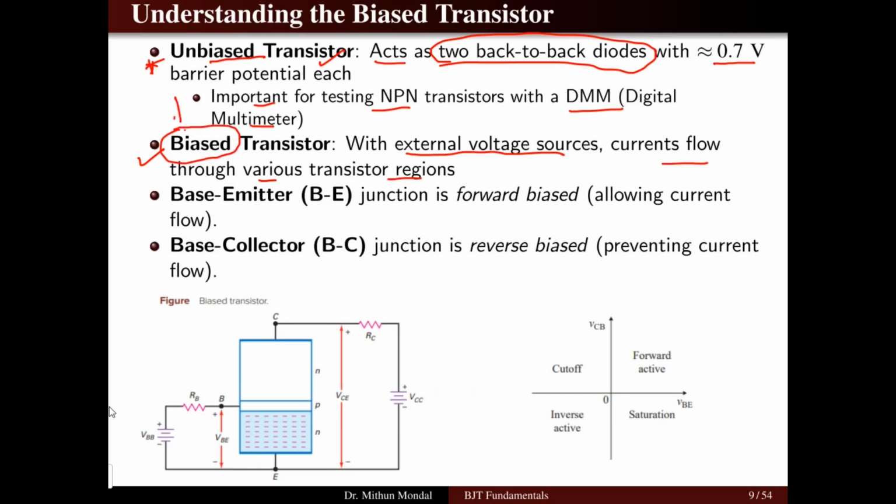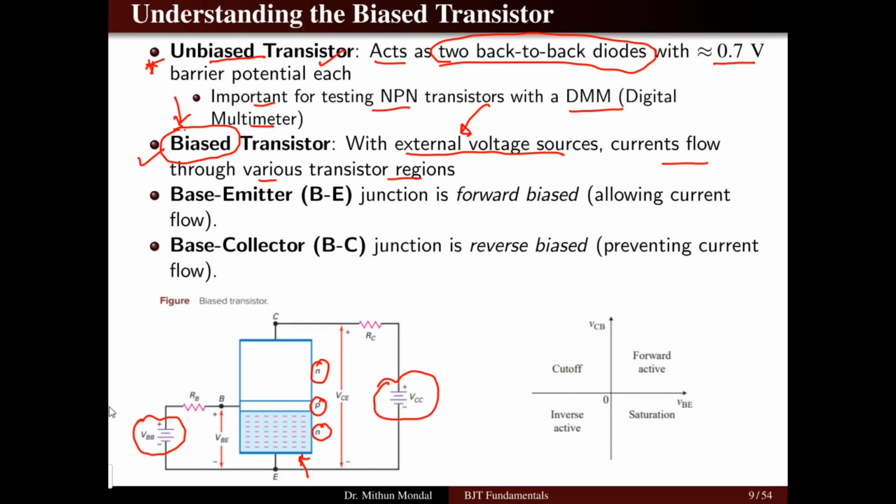So a biased transistor generally means that we are connecting an external voltage source to the transistor. Here we have taken an example of an NPN transistor where we are connecting two sources, in the emitter as well as in the collector region.